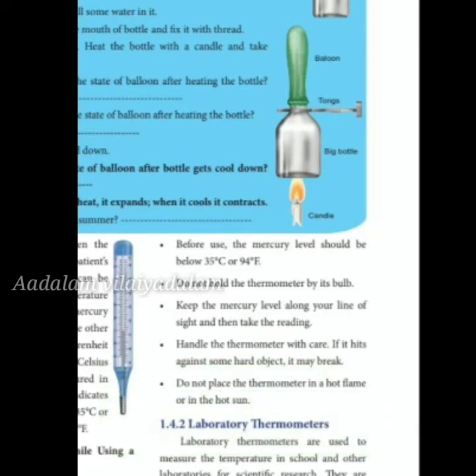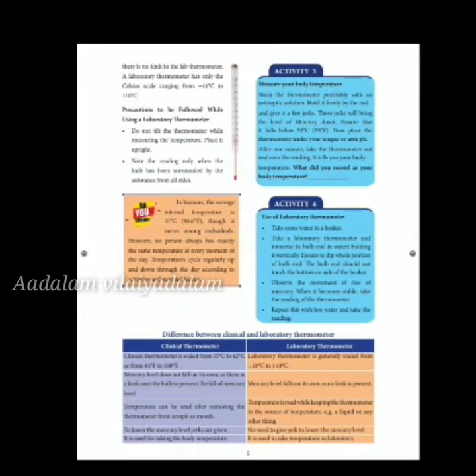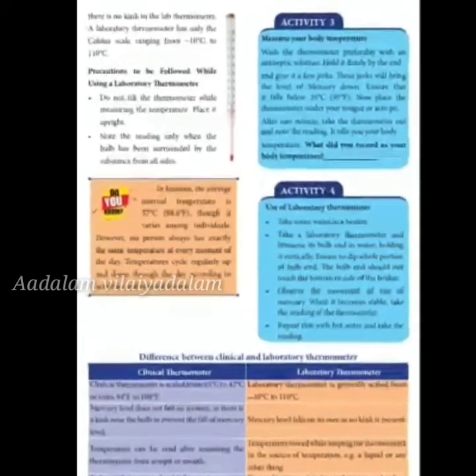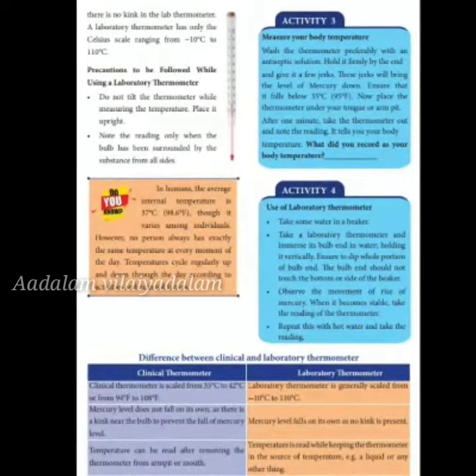The stem and the bulb of a lab thermometer are longer when compared to that of a clinical thermometer. This is the difference between clinical thermometer and laboratory thermometer. A laboratory thermometer has a scale ranging from minus 10 degrees C to 110 degrees C. It doesn't have Fahrenheit in it.